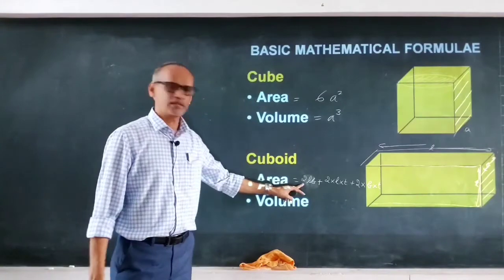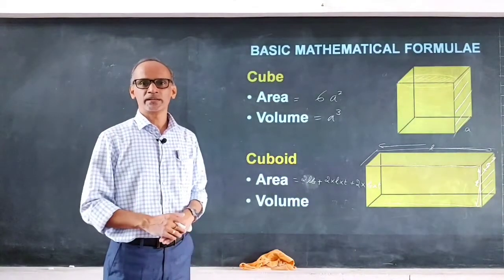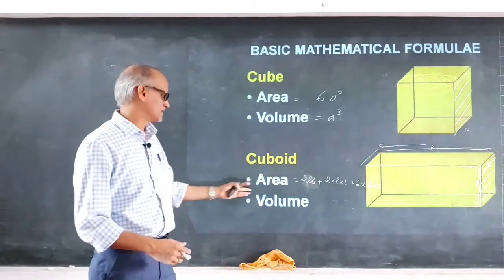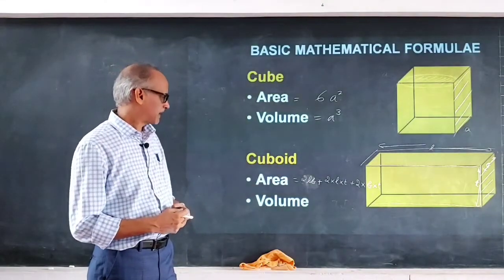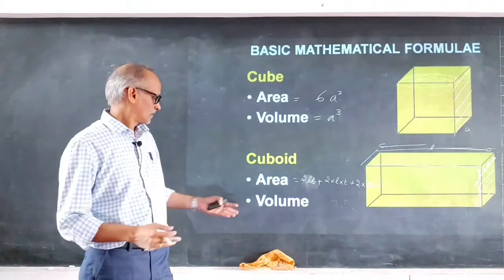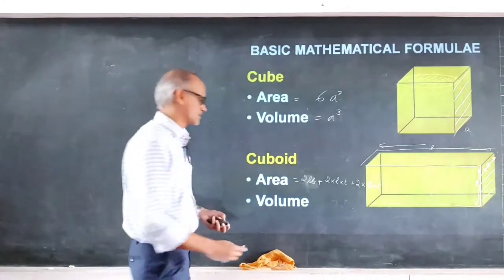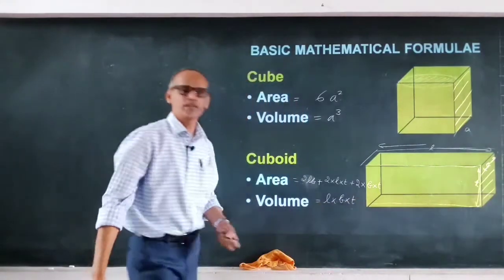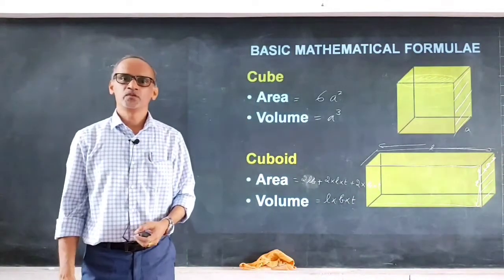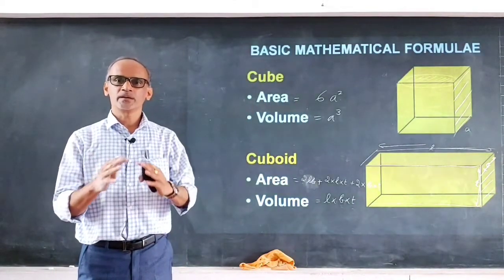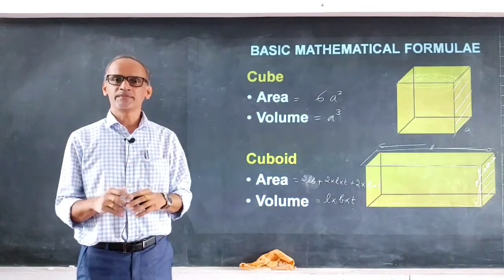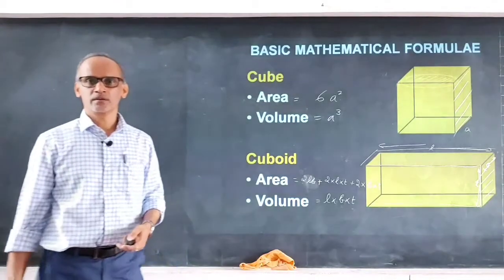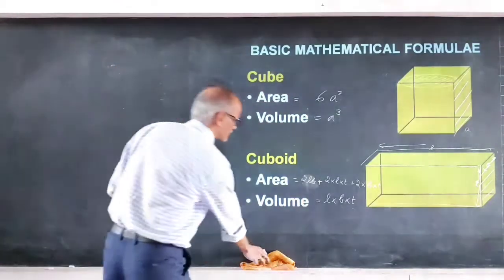And why are we multiplying by 2? Because there are 2 such identical faces. Total, you can see 6 faces are there. So that's the area of the cuboid. How about the volume? The volume is length into breadth into thickness will give you the volume of the cuboid. So a cuboid is one where the sides are different, and if the sides are equal, then it becomes a cubical structure or a cube.